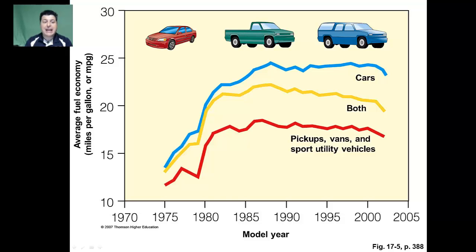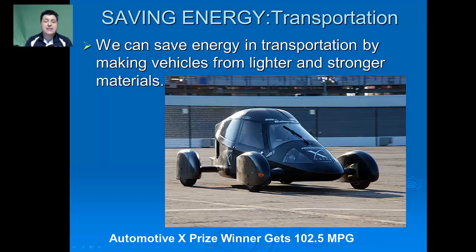So if we look at our average fuel economy in the 80s, when the CAFE standards were put into place to increase those fuel efficiencies, they plateaued in the mid 80s and haven't really improved until more recently. So one way that car companies will be able to meet those CAFE standards is by making vehicles from lighter and stronger materials.